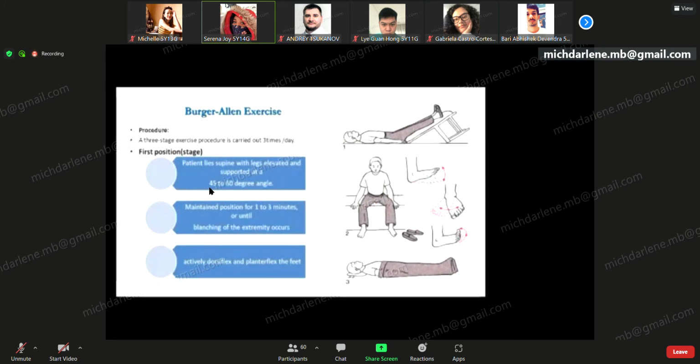So, exercises which can help patients with thromboangiitis obliterans: the Buerger exercise. It's a three-stage exercise procedure carried out three times a day. First position: the patient lies supine with the legs elevated and supported at a 45 or 60 degree angle.